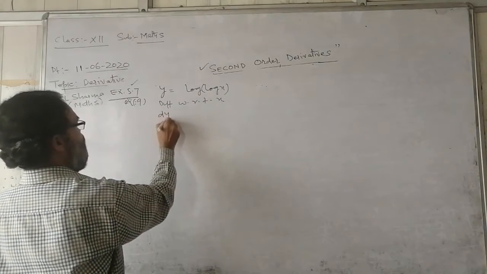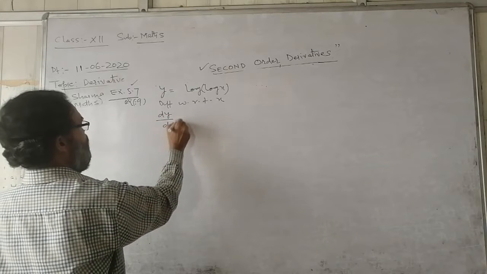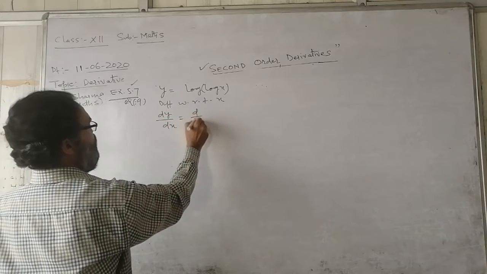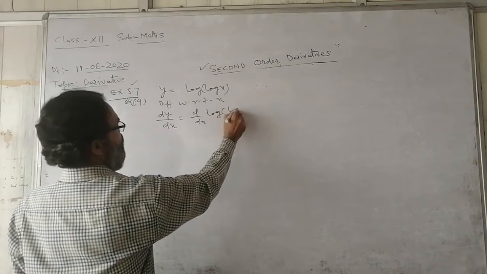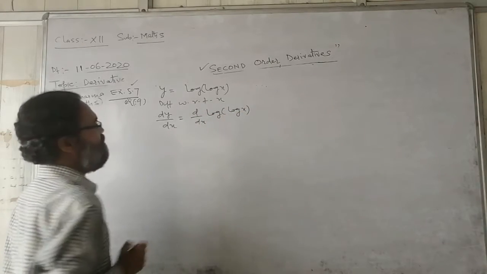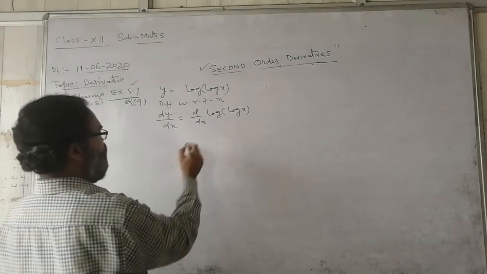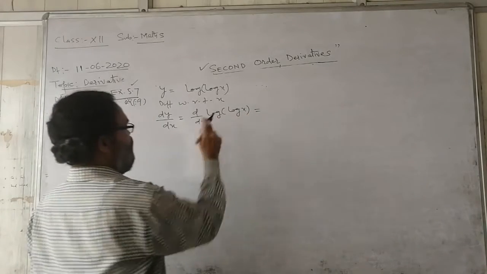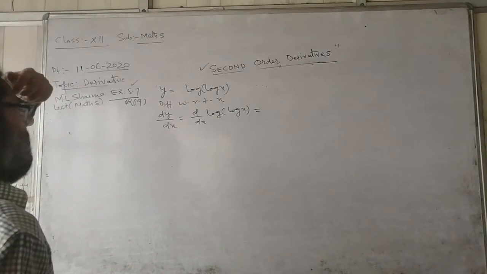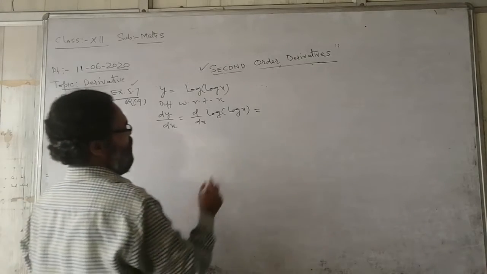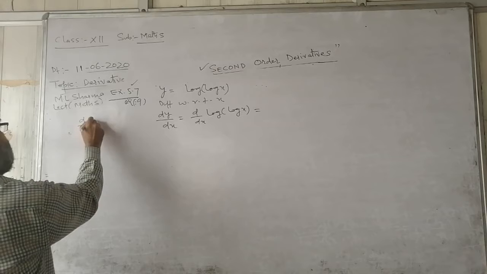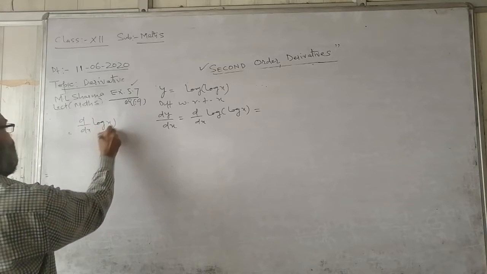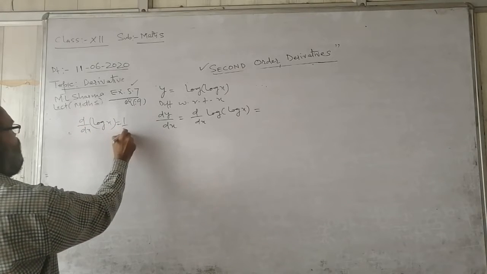So this will be dy upon dx equal to d upon dx of log of log x.